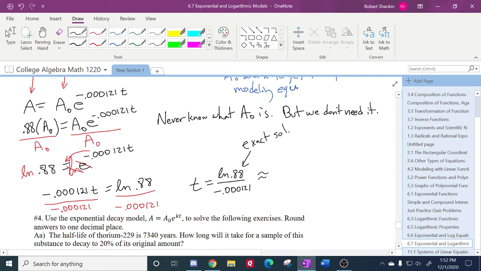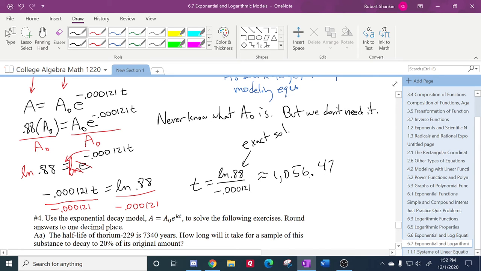And then, if we punch it in our calculators, we get 1056.47.